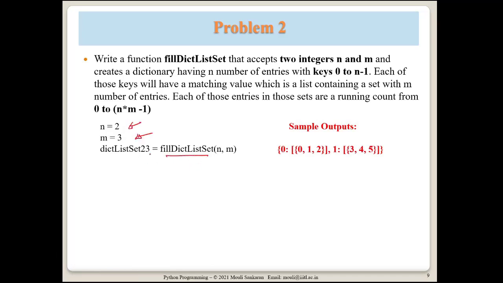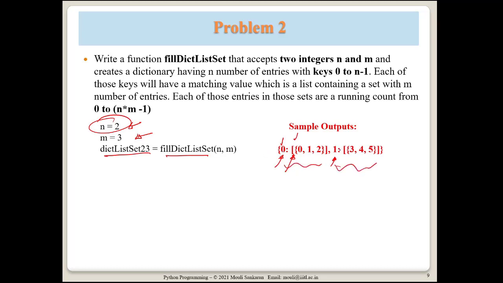This is the function. It returns a dictionary which has a list as a value, because you cannot have a list in the key because it's mutable. Here the keys should be the numbers 0 and 1, because you are given 2, so there should be two entries in the dictionary.